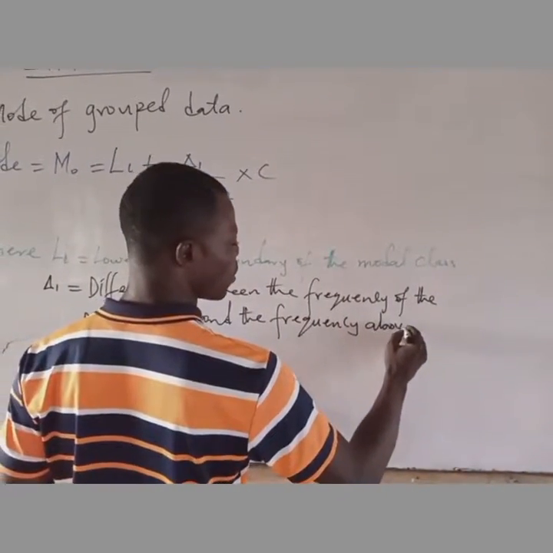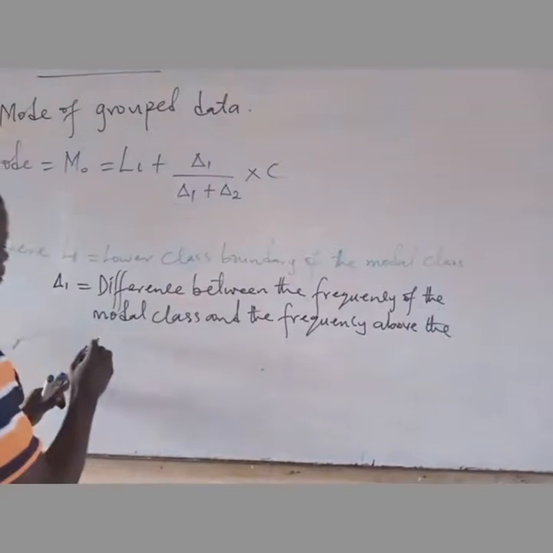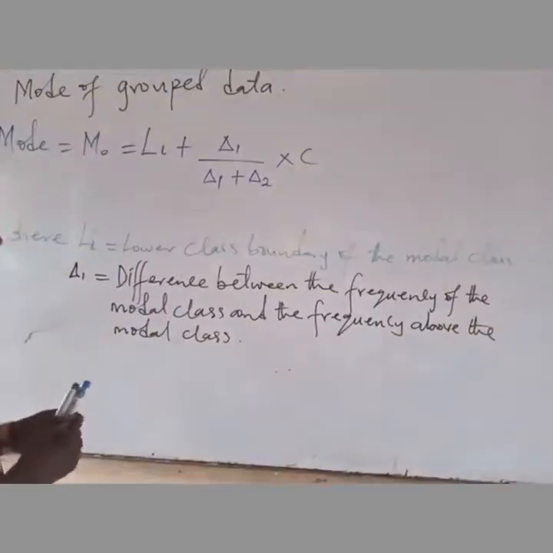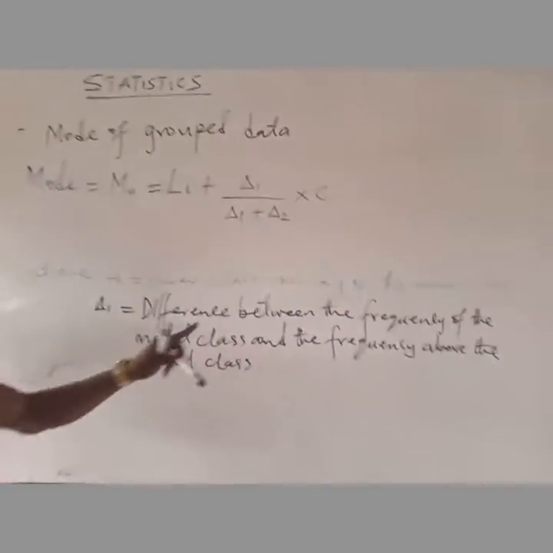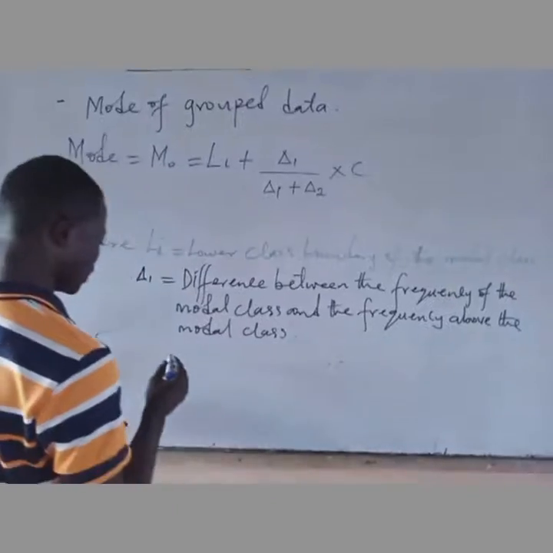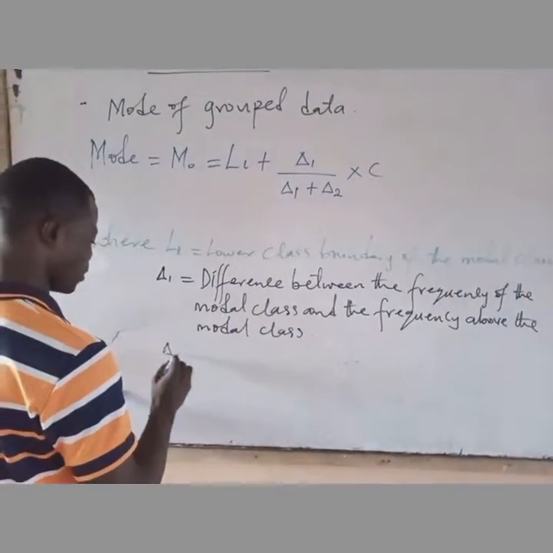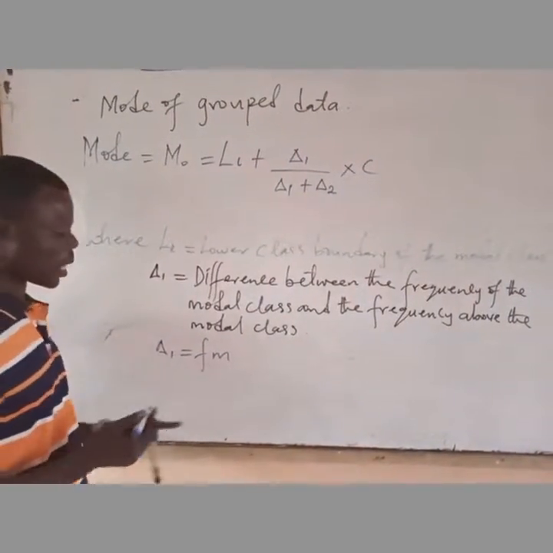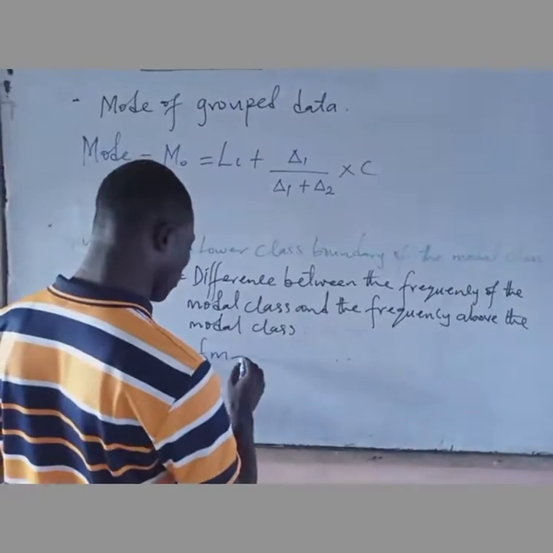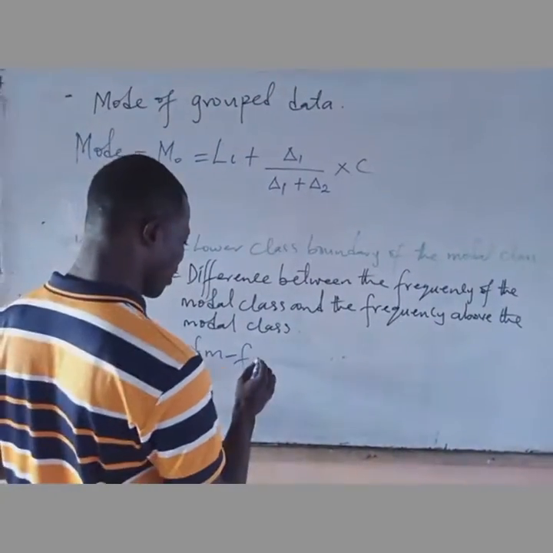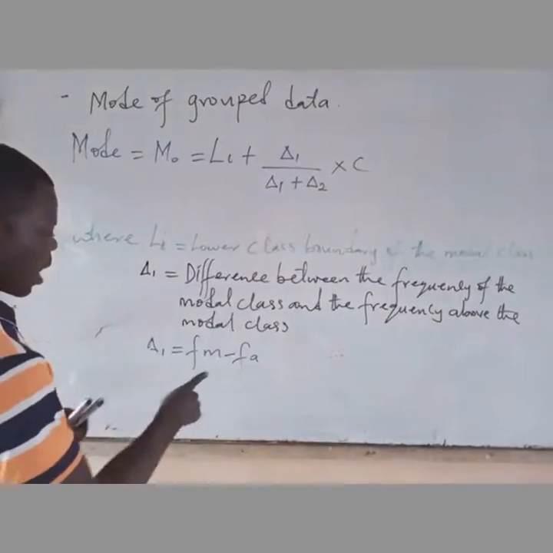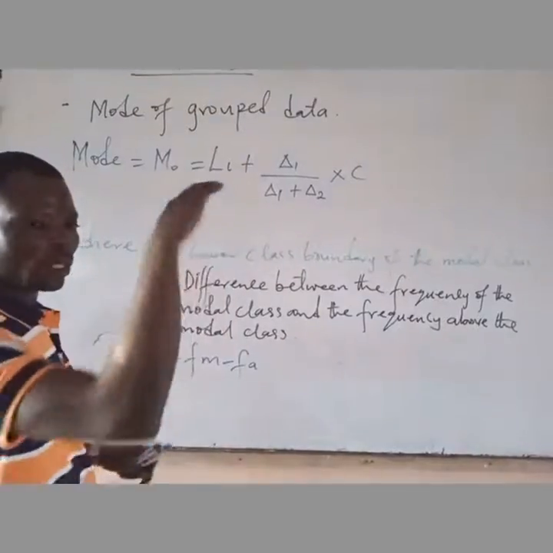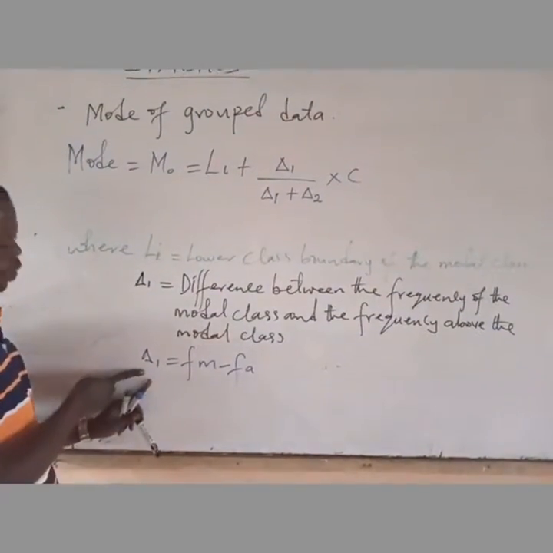So, if the frequency of the modal class is written as Fm, and the frequency above is Fa, let's denote it as Fm minus Fa, frequency of the modal class minus frequency above the modal class. That will be our change 1.